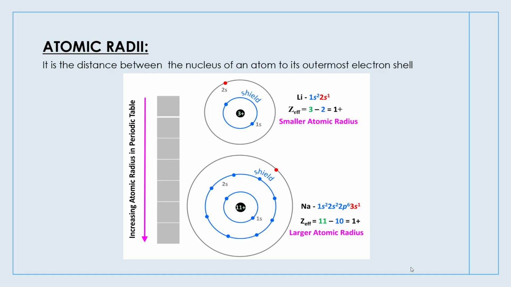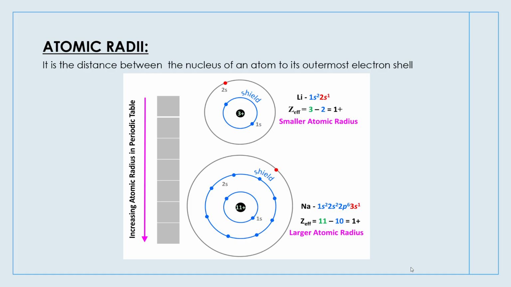For lithium, you can see that there are two energy levels, 1s and 2s. But for sodium, we have three energy levels: 1s2, 2s2, 2p6 and 3s1. So as the atomic number is increasing, eventually it leads to an increased number of electrons.